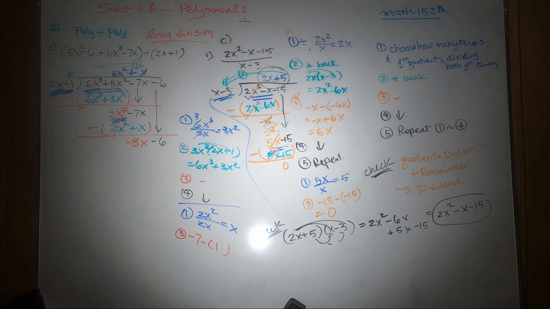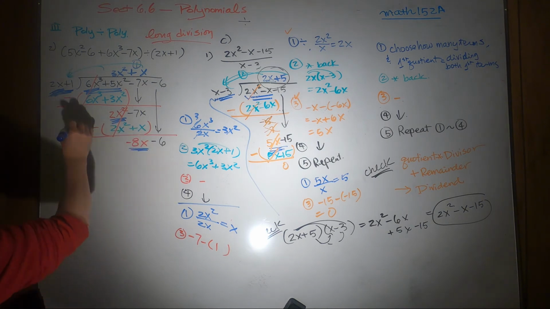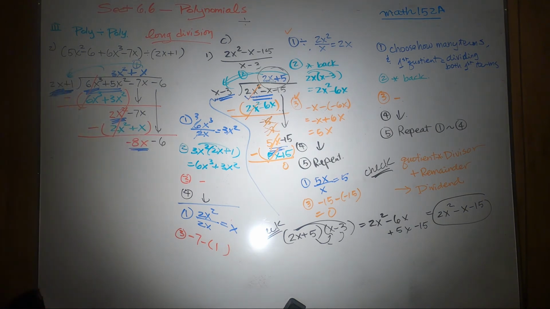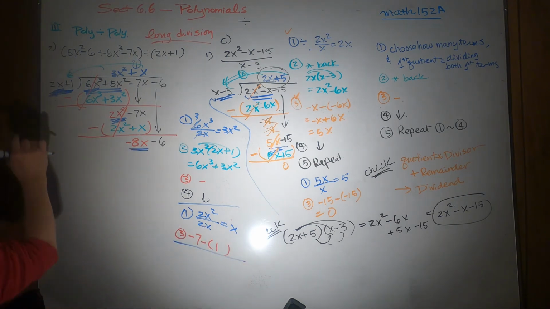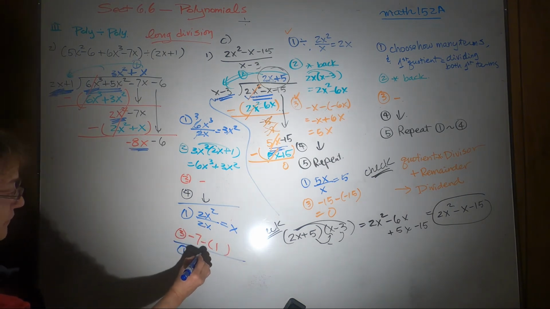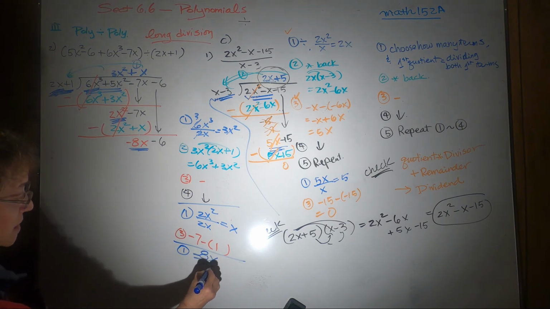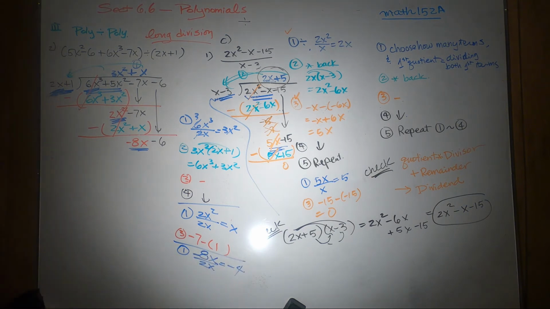Then find the first term again. Use those first terms. So negative 8x divided by 2x, that would be what? Negative 4.